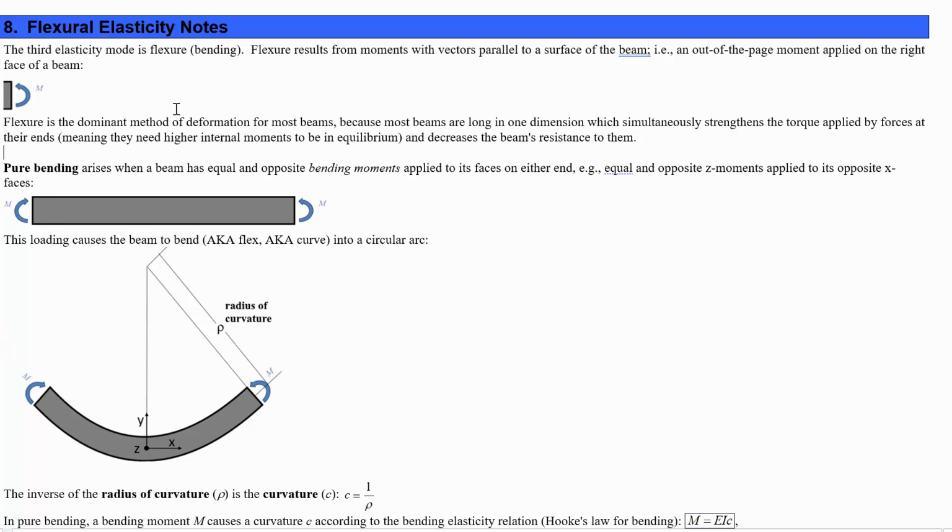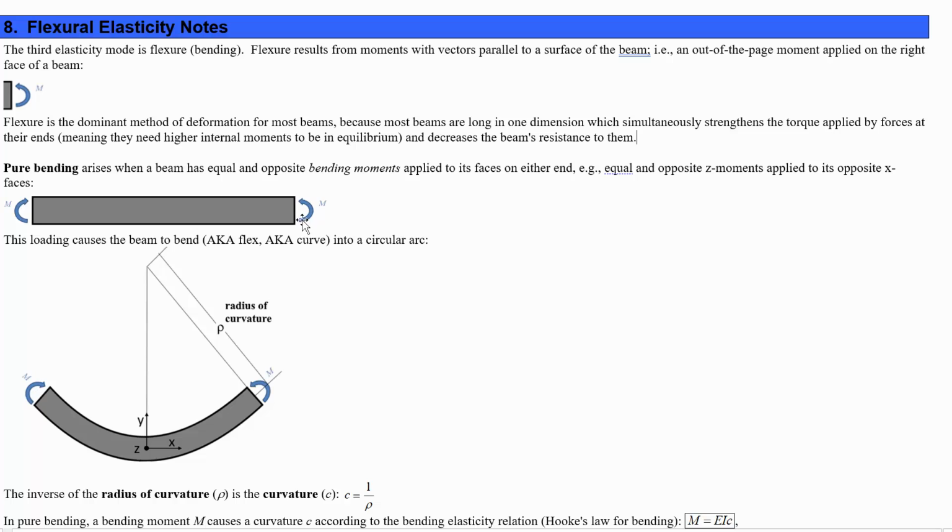Bending is usually the dominant deformation method in most beams because most beams are pretty long in one dimension compared to the other two dimensions, and being long in that one dimension makes two things happen that emphasize how much bending deformation will be important. For one thing, it means that any forces applied along the beam perpendicular to it, like any shear forces on this beam, maybe at one end or the other end, are going to be producing higher torques on this beam.